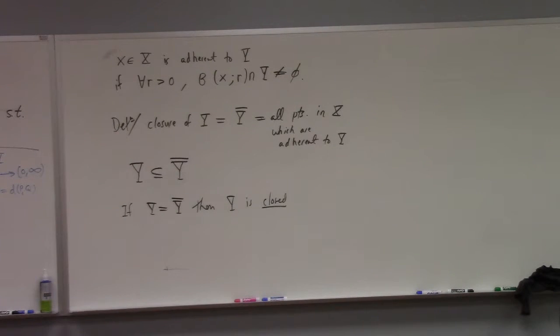Theorem 1.9, the intersection of any family of closed sets is closed. But the union of any finite family of closed sets is closed. So the tables are turned with closed sets. And the proof of that, you just use De Morgan's laws with the theorems we already proved today, because an arbitrary union can be turned into an arbitrary intersection under the complement.